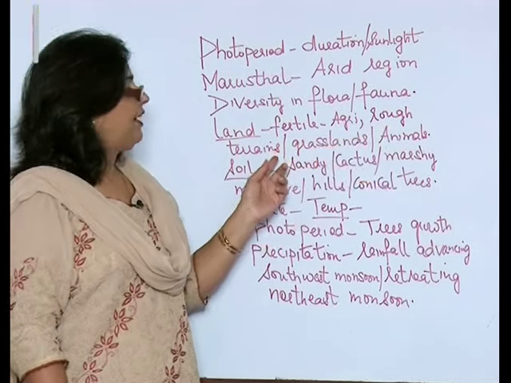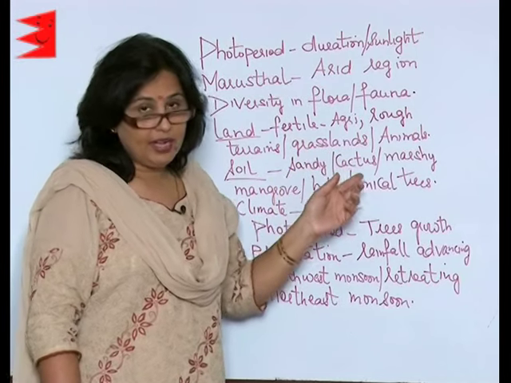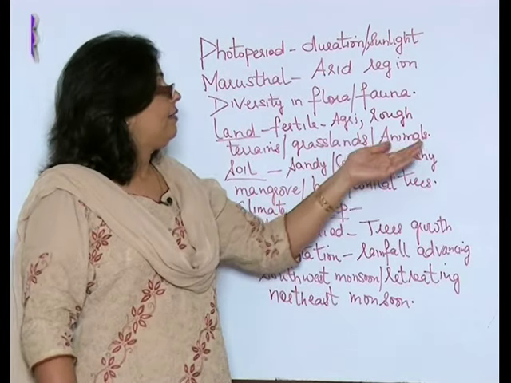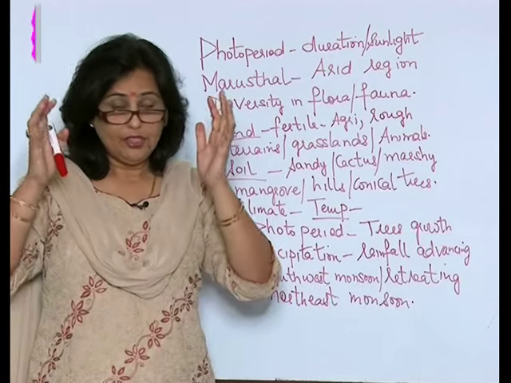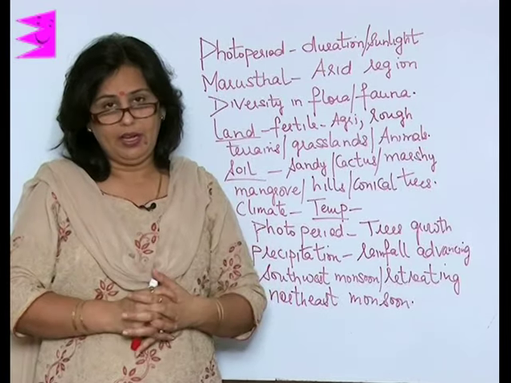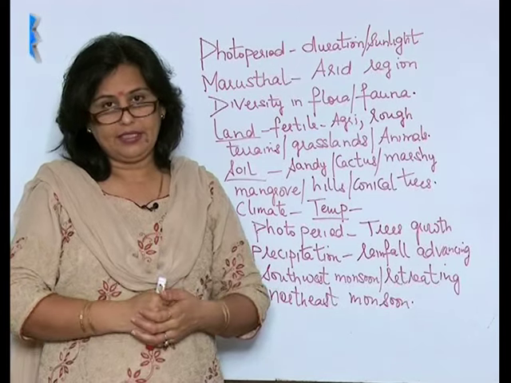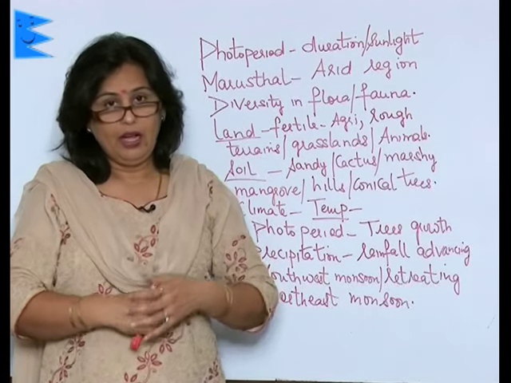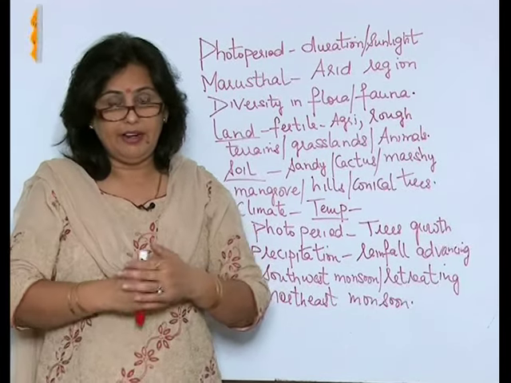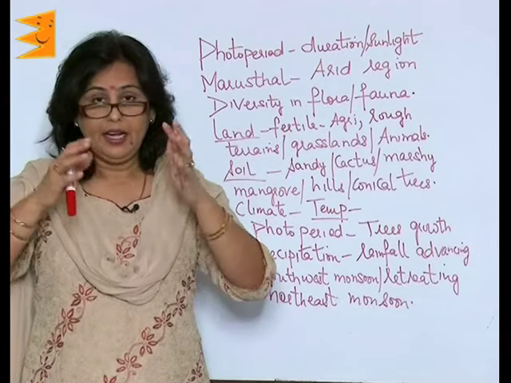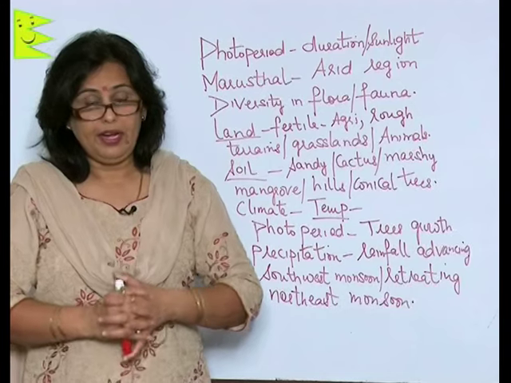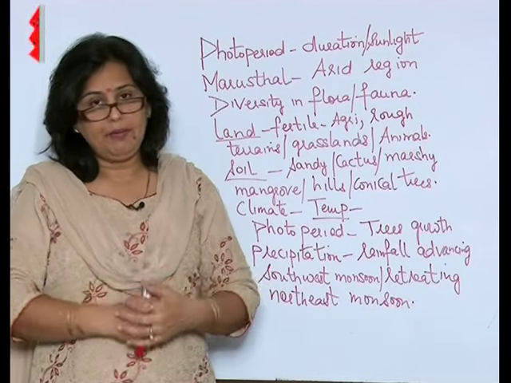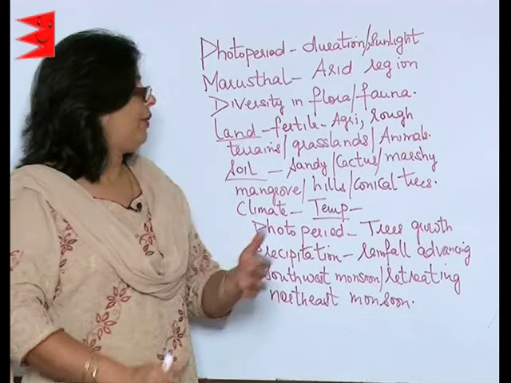If it is a rough terrain, then suitable for grasslands, wherein many animals take shelter. So, the fertility of the soil, the kind of soil it is, the black soil, the red soil, all that makes a difference in the type of vegetation that can be grown in an area or the animals which can be found.